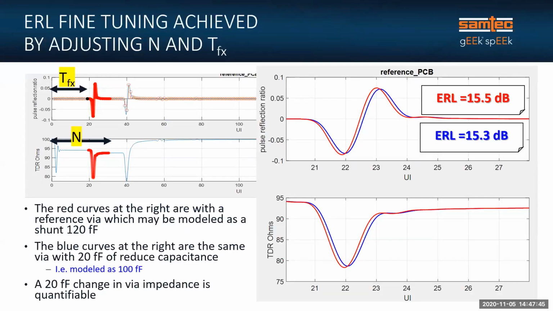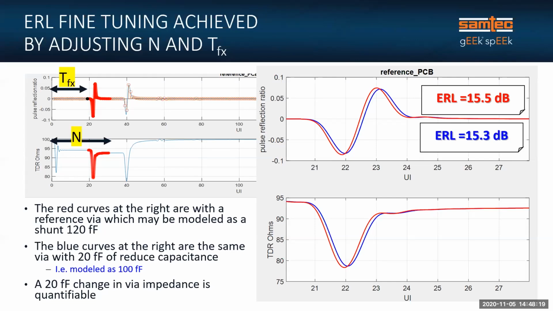So let's look at small differences here. Let's say I've got a VIA that's 120 femtofarads. Let's model it that way. Let's say the HFSS and everything else looks sort of like 120 femtofarads. I did it again, and it's like 20 femtofarads less. What difference does it make? I may just want to look at the ERL for tuning purposes, just for that value.